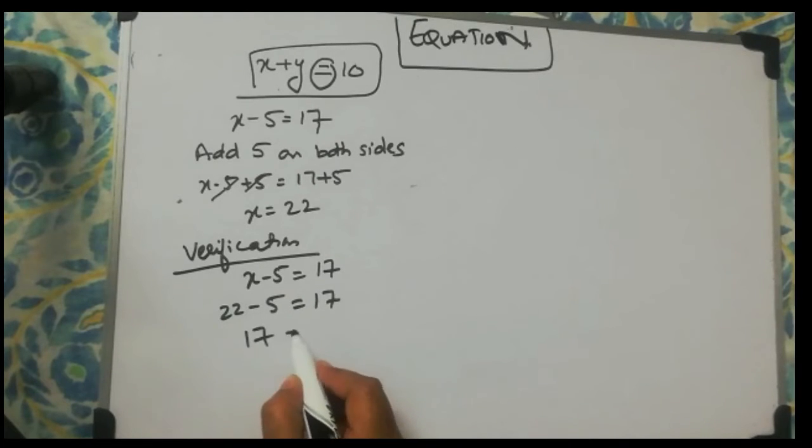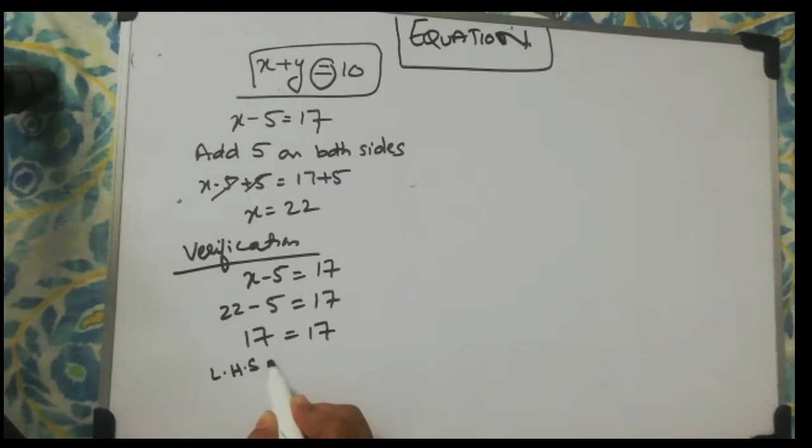So 17 is equal to 17, which means the left hand side and right hand side are equal. If they are not coming equal, it means we have not done it correctly. So अगर ये सही बराबर आ रहा है तो it means our calculations are right. So we can write left hand side is equal to right hand side.